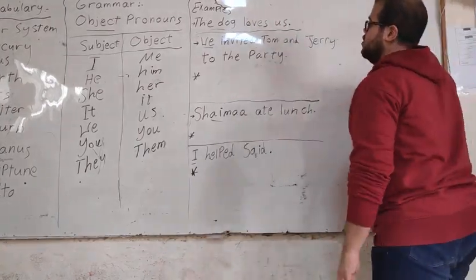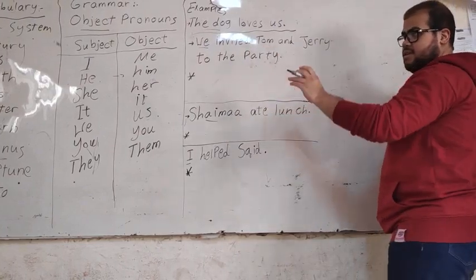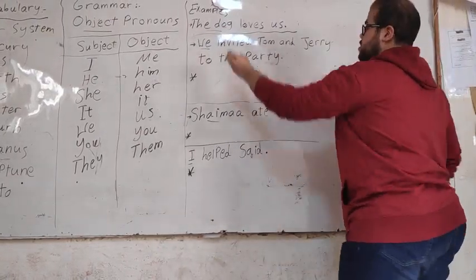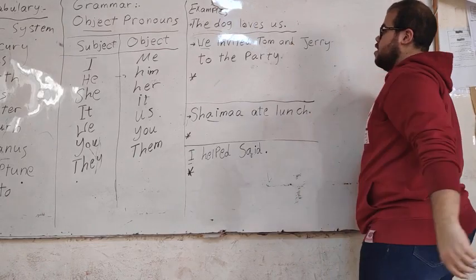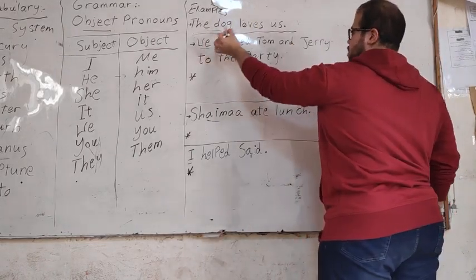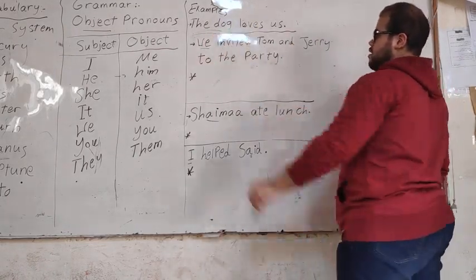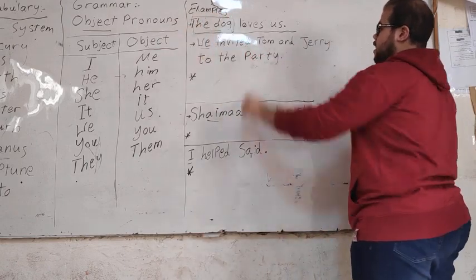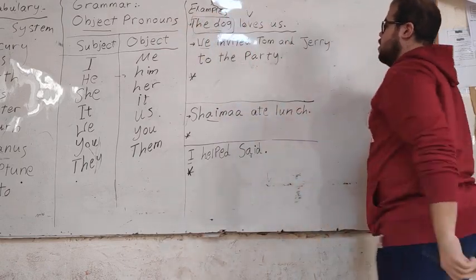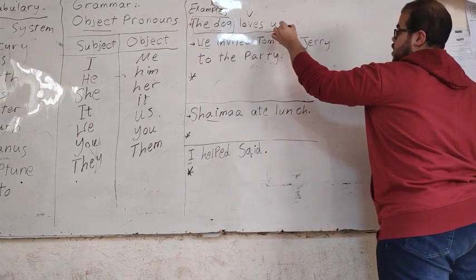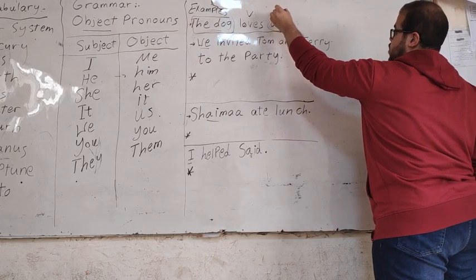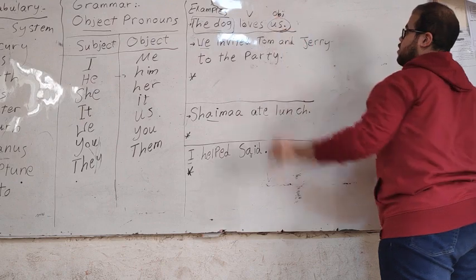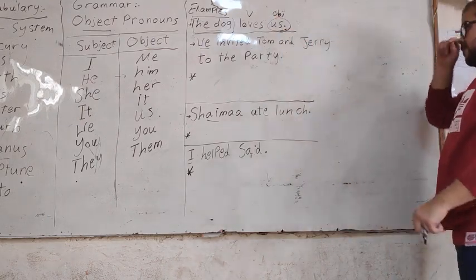So, let's take some examples here. We know that the sentence consists of subject, verb, and object. So, we have here: the dog loves us. Of course, the dog is the subject, and love, we know that it is the verb. And here, the object pronoun us, which is coming from we. Good.